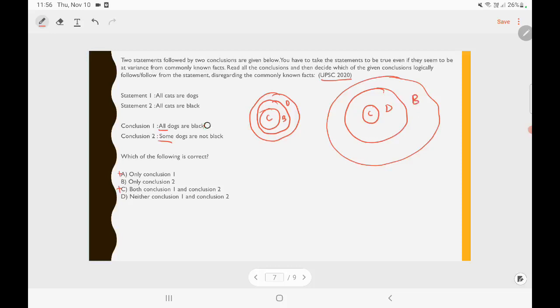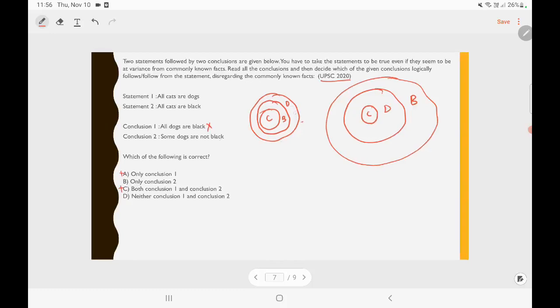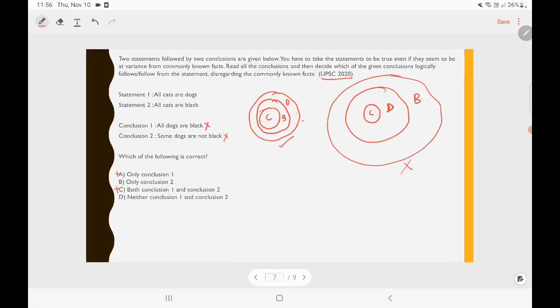Let us look into the conclusions. All dogs are black. No, because in this possibility all dogs are not black. So this is wrong. Some dogs are not black: in this possibility some dogs are not black, so correct. But here all dogs became black, so in this case conclusion 2 is wrong. So this is also wrong. So option D is the right answer.